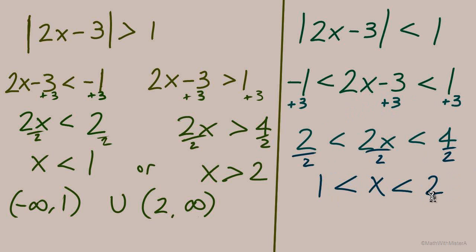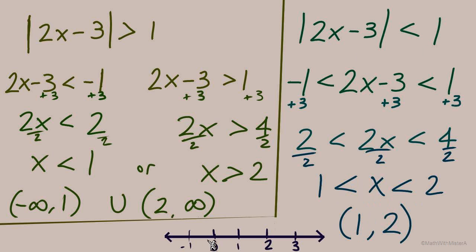It is greater than 1 and less than 2. In interval notation, we know this sort of absolute value inequality leaves us with just one shaded interval. It is between positive 1 and positive 2. A quick look on the number line there, we're shading in between 1 and 2.